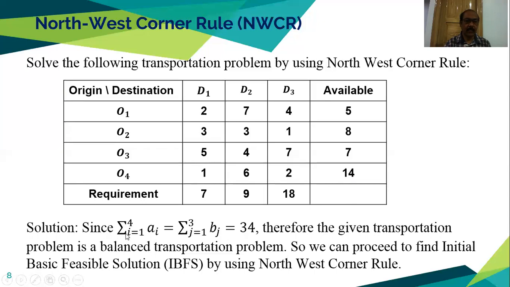So since summation of availability equals summation of demand, equal to 34, this is a balanced transportation problem. Since this is balanced, there exists an initial basic feasible solution. Now we try to find the initial basic feasible solution by using the northwest corner rule.